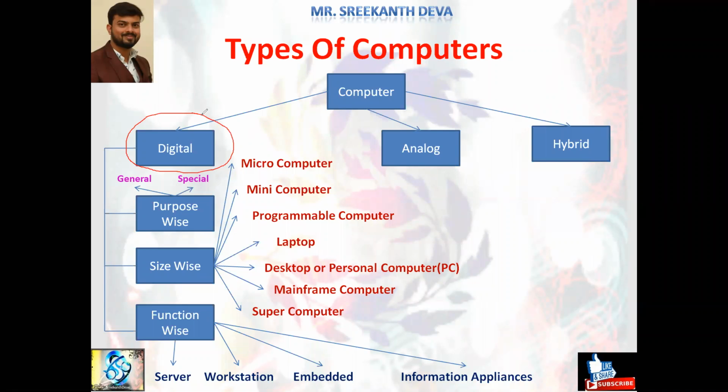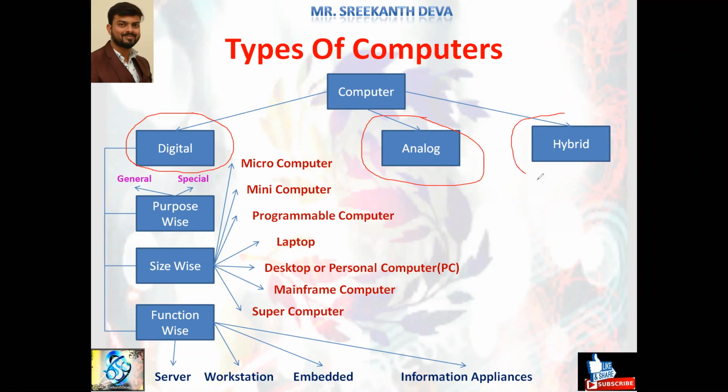Next, analog computers. What are analog computers? Analog computers are computers that work on continuous data. Generally they measure things like pressure, temperature, speed, and these are calculated using analog computers.